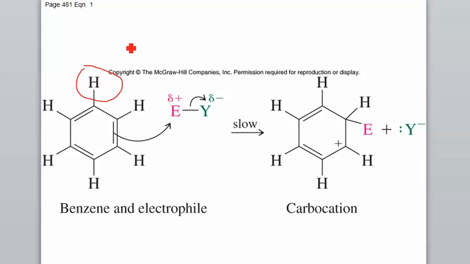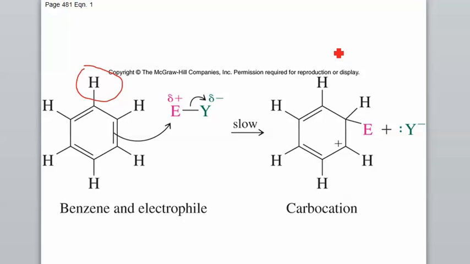And it all has to do with the stability of the carbocation intermediate, because the effect of a substituent that's already on the ring definitely has an effect on how stable that carbocation is. Remember, with carbocations, the more stable they are, the faster they form. And so it's all about the stability of that intermediate.